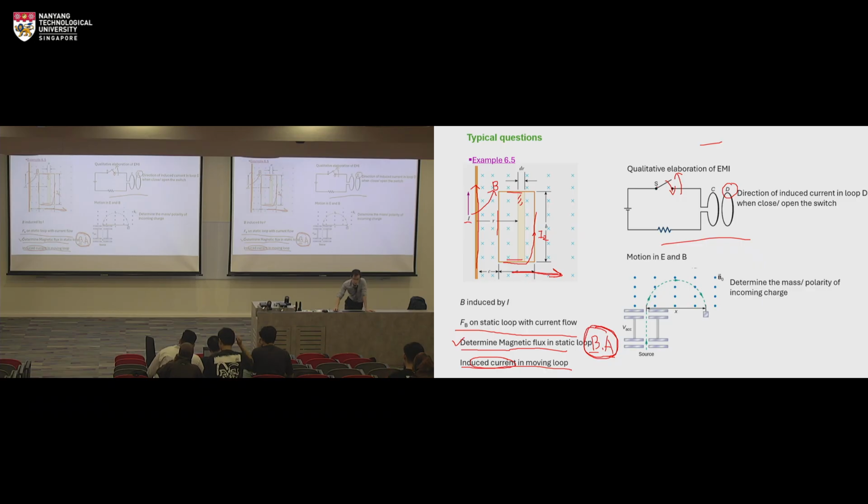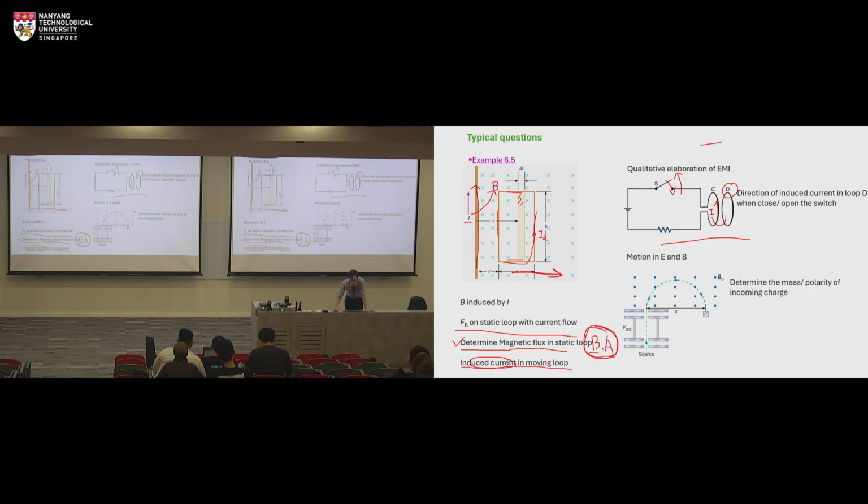The idea, of course, is when you close the switch, the current is increasing in the loop C, and when you open the switch, the current in the loop C will decrease. Let's say you have this I. It can increase or decrease.